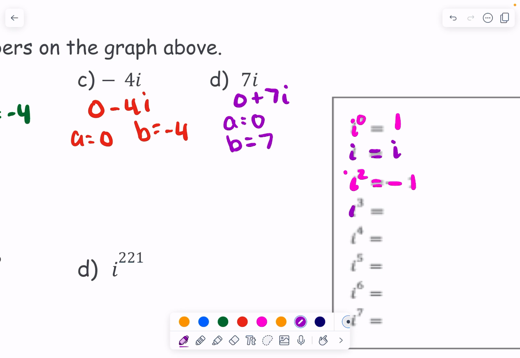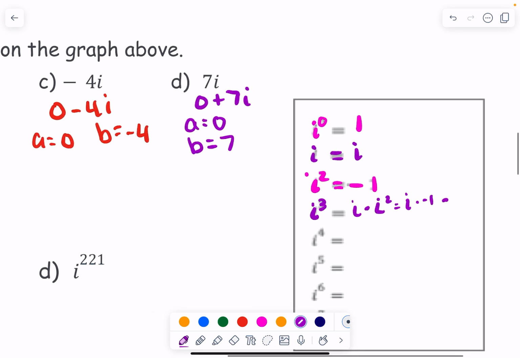But when we look at i cubed, this is i times i squared. Well, we already knew i squared is negative 1. So when we take i times negative 1, we are going to have negative i. So far we have a 1, an i, negative 1, and negative i.